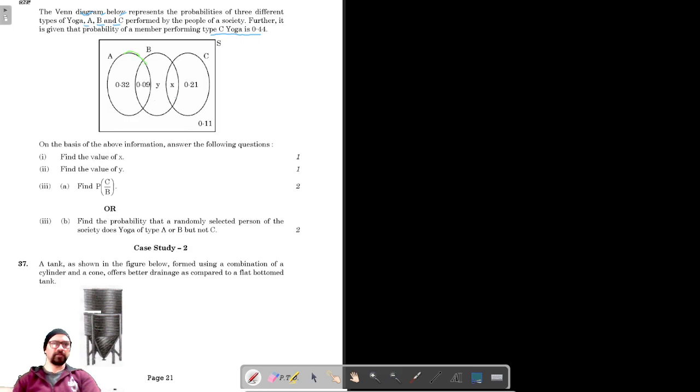This is the probability of people performing type A, this is type B, and this is type C. The only information given to us is in the Venn diagram, and also that the probability of people performing type C yoga is 0.44.